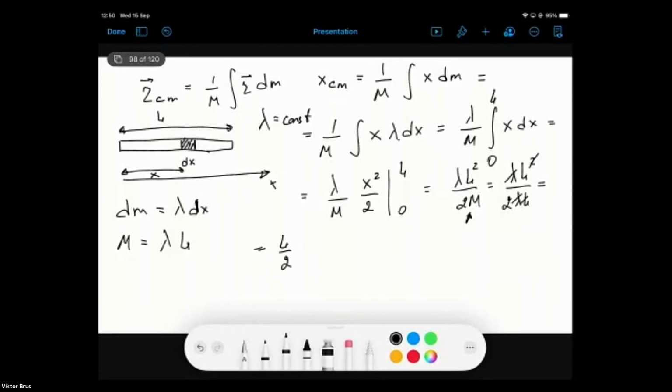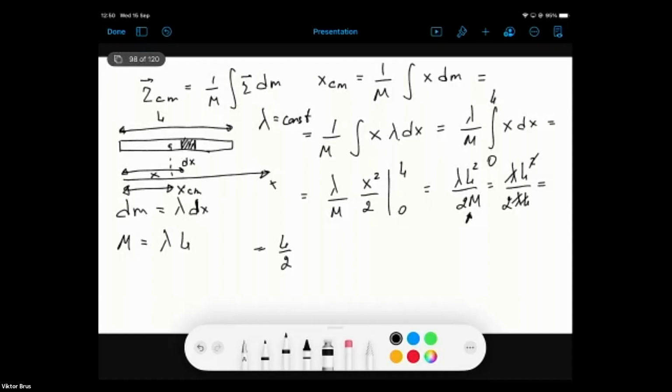A kind of trivial result, because we see that the center of mass, x cm, is located right at the middle of this rod, which makes sense because the rod is symmetric and the linear density is constant, so mass is distributed uniformly. However, with this accurate approach for calculating the position of the center of mass, we got this result, L divided by 2.